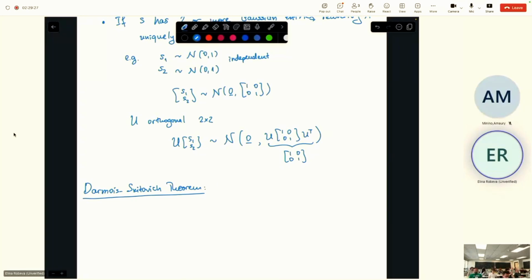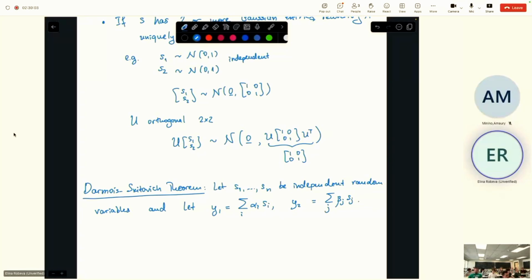So let S1 through Sn be independent random variables, and let's take two linear combinations. Y1 is the sum over i of alpha_i S_i, Y2 is the sum over j of beta_j S_j. So I'm taking two different linear transformations.